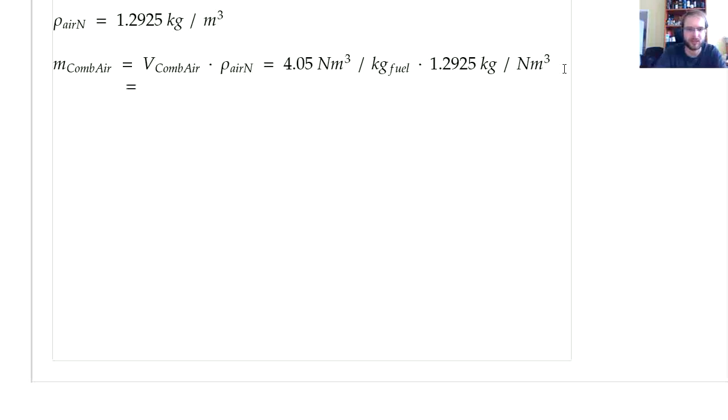So putting that together, we get the result being 5.2 kilograms of air per kilogram of fuel.